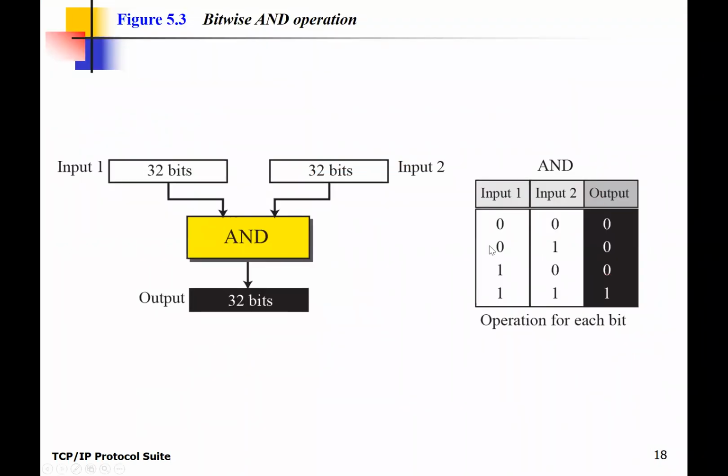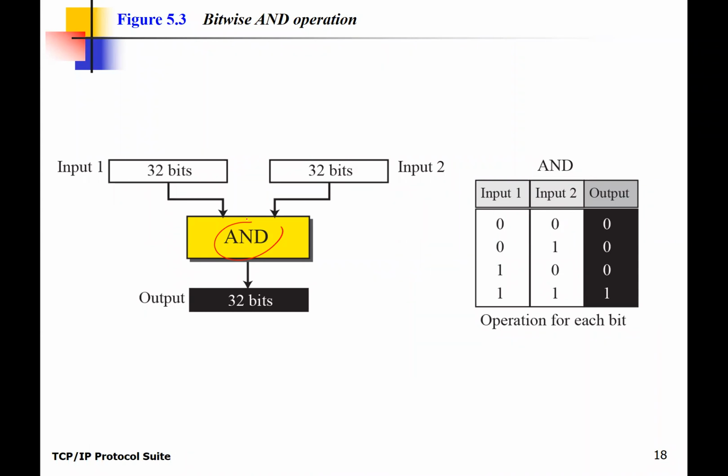Now let's talk about the AND operation. What is the AND operation? Just simple digital logic. The output equals 1 when both inputs are 1. That's the simple theory here. If A and B are both 1, then the output will be 1, otherwise it will be 0.